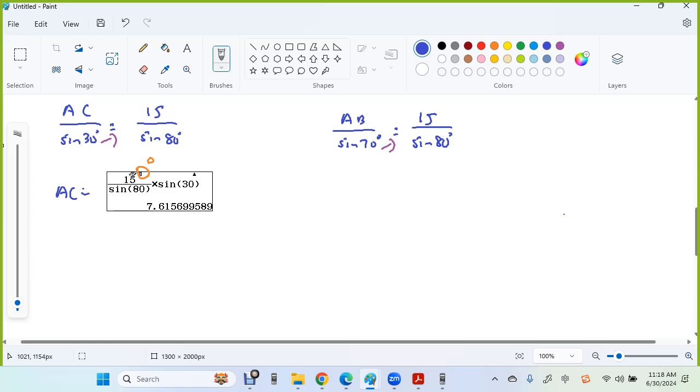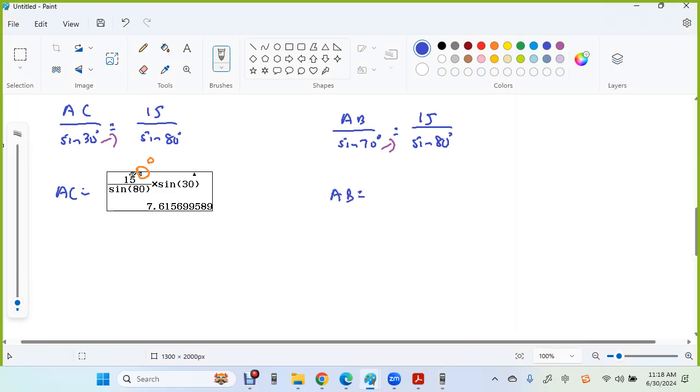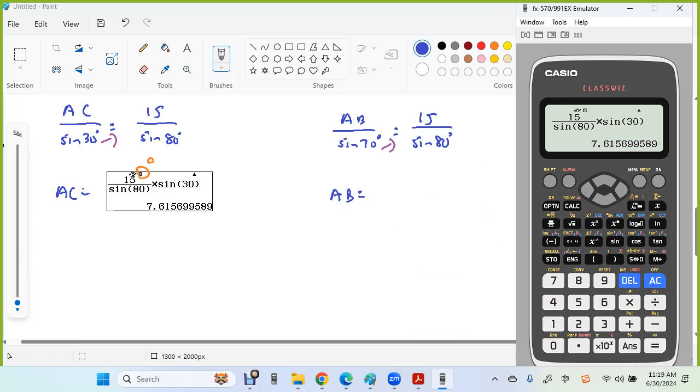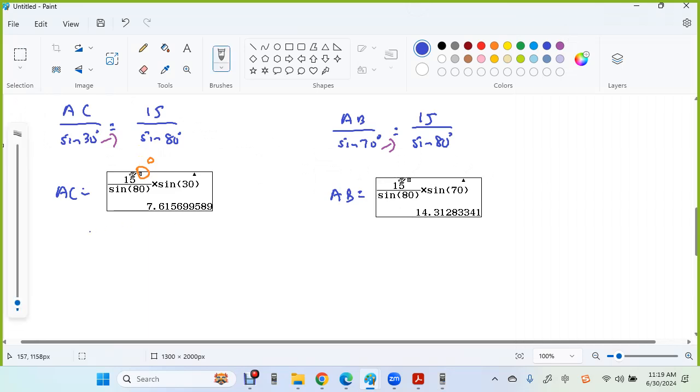If it does not, go to shift, set up, angle unit, and change to number 1, degree. Then AB will be 15 over sine 80 multiplied by sine 70. So the answers are 7.62 cm and 14.3 cm, correct to 3 significant figures.